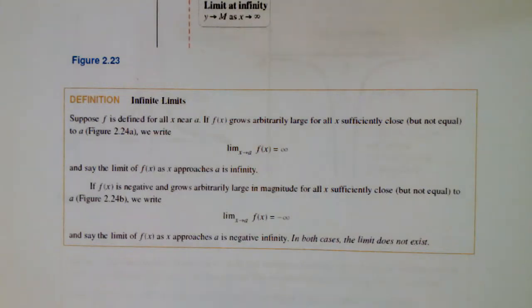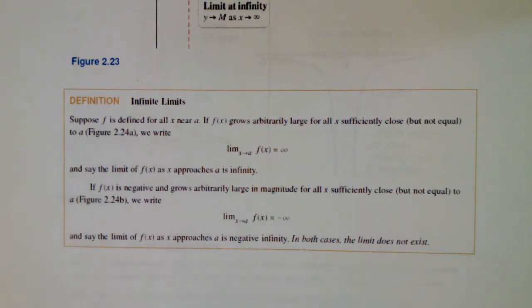The reason they say the limit does not exist is that usually when you're dealing with a limit, you're trying to find the value that the function will be getting closer and closer to as you let x approach some number. And negative infinity and positive infinity usually are not exact numbers.